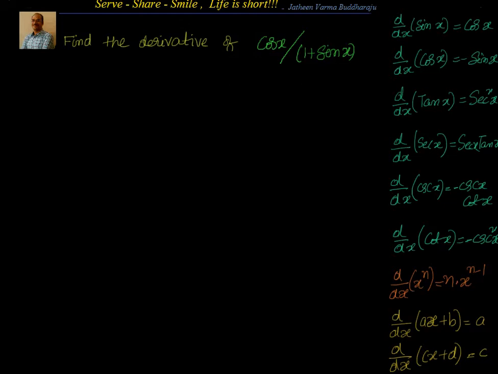If you have a look at cos x by 1 plus sin x, you see that the function we have here is in the form of u by v, and we know that the derivative of a function which is in the form of u by v, by applying the quotient rule, is nothing but equal to v into u dash minus u into v dash by v square.